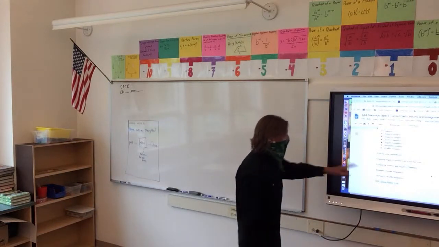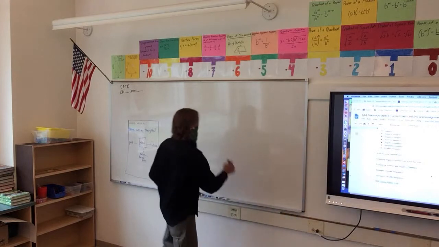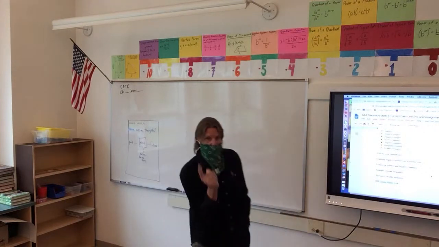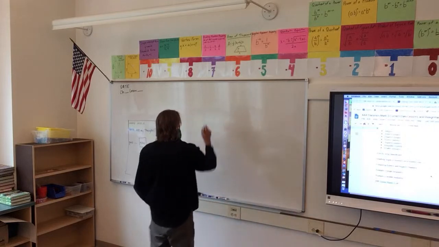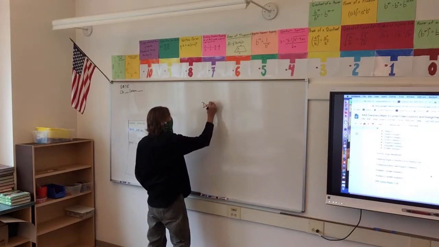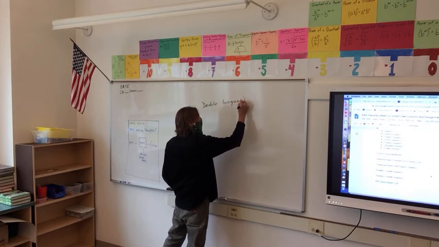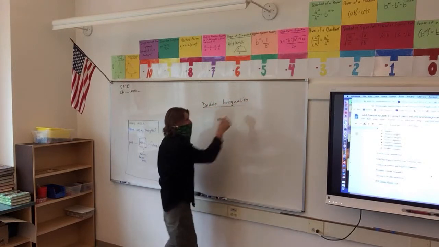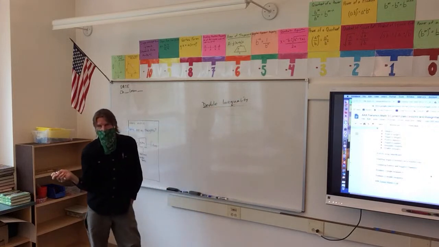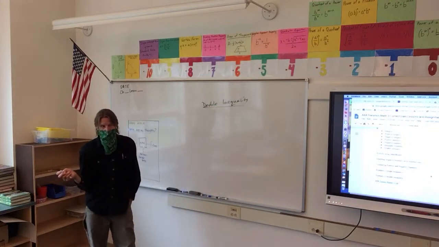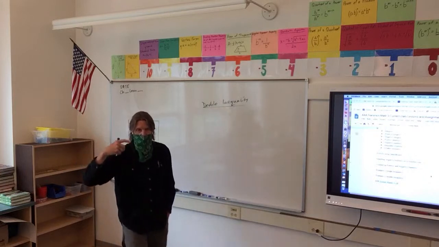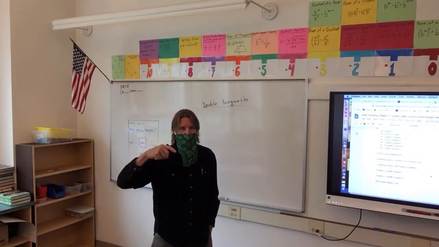Okay, double inequalities. That's a single inequality because we use one symbol. Or the double inequality. Double inequalities are going to use the symbol twice. But we have to set it up with the symbols pointing in the same direction.